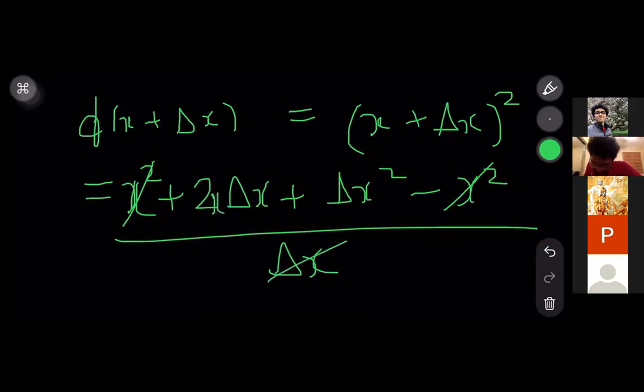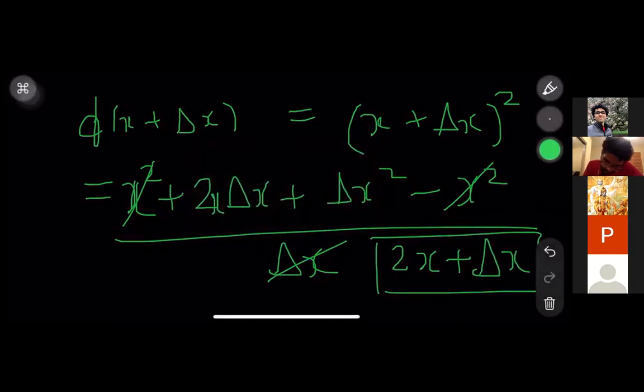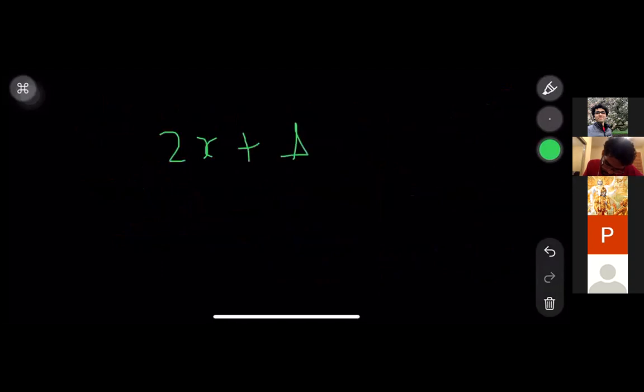I'm sorry about that. So 2x times delta x, and then you will cancel out the delta x from there. You will be left with 2x plus you have this delta x over here when you divide delta x to both of them. So you're finally left with this equation over here, 2x plus delta x.